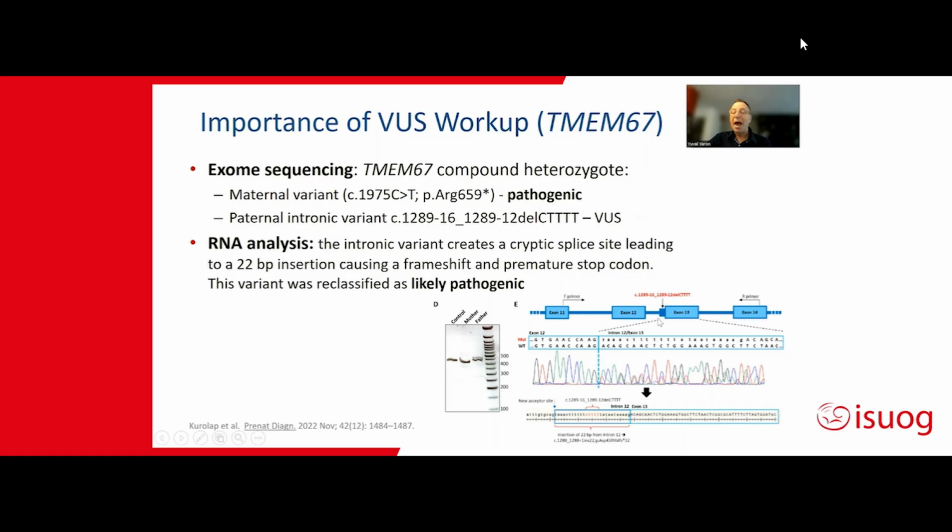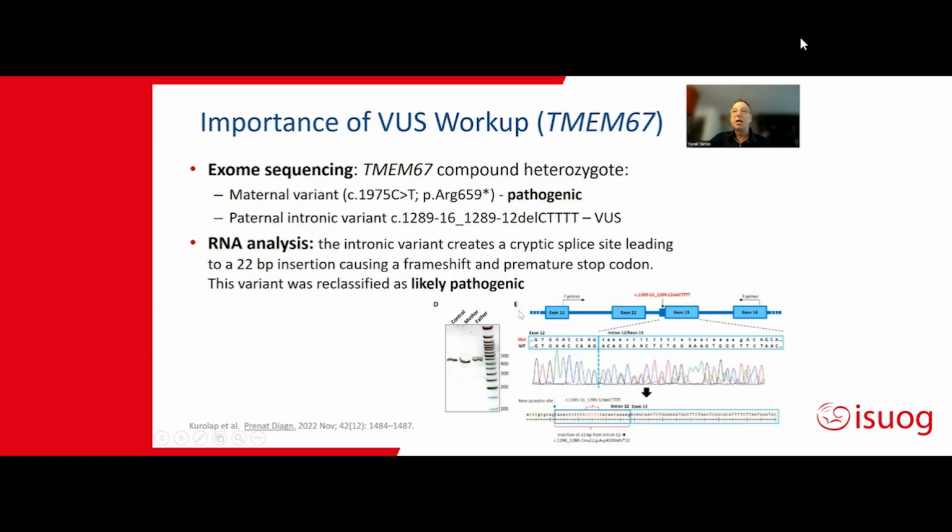And therefore, this cryptic splice site adds an additional 22 base pairs to exon 13. And this has been shown in sequencing as well. This causes a frame shift and a premature stop codon. So we were able to then determine that this intronic variant, initially considered a variant of unclear significance, is actually a likely pathogenic variant.